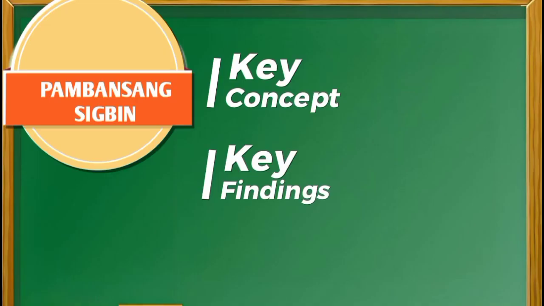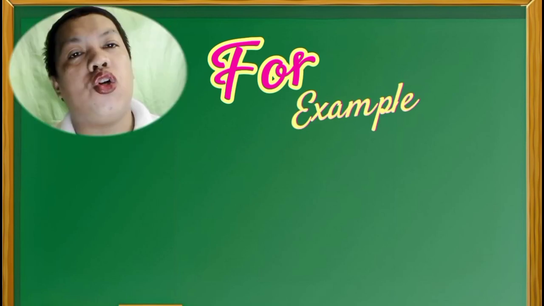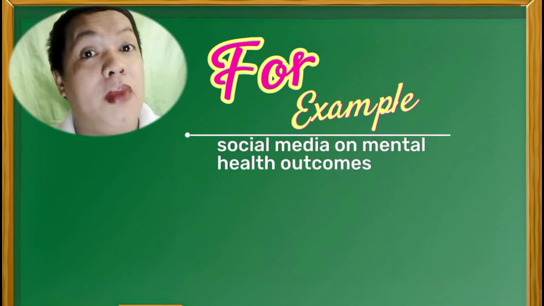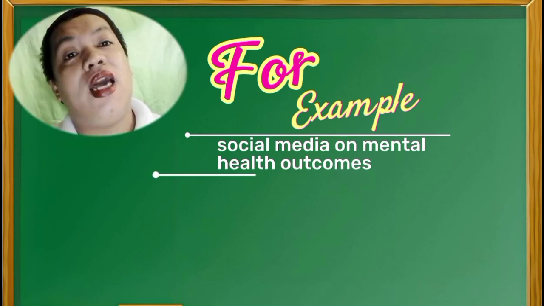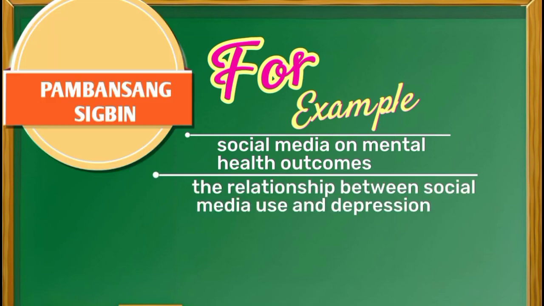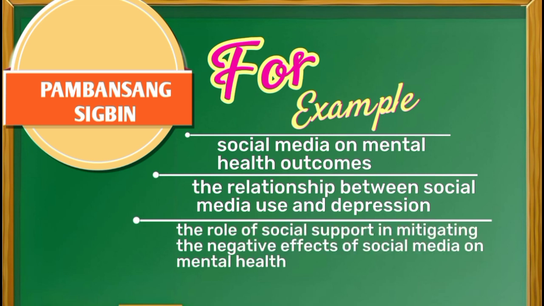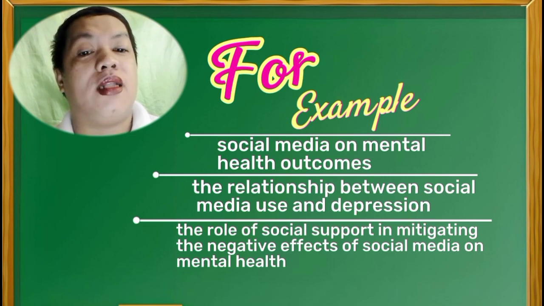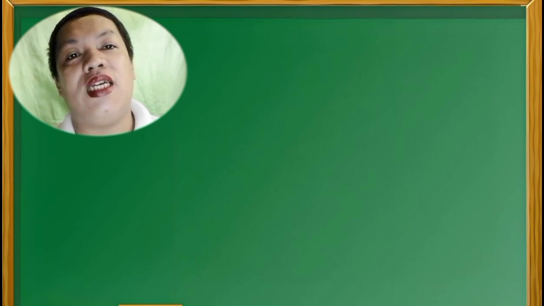For example, you might organize the literature you have into themes such as the impact of social media on mental health outcomes, the relationship between social media use and depression, and the role of social support in mitigating the negative effects of social media on mental health. Remember, step 5, organize the literature you have gathered or searched prior to writing the RRL part of your thesis or of your research proposal.